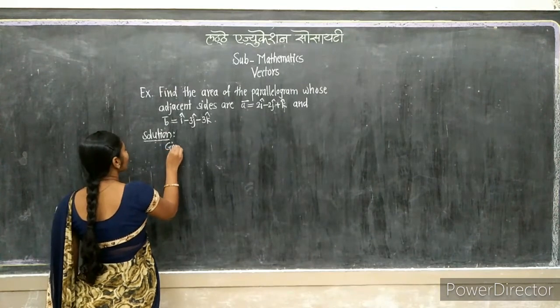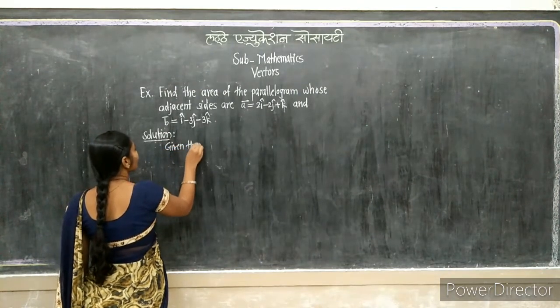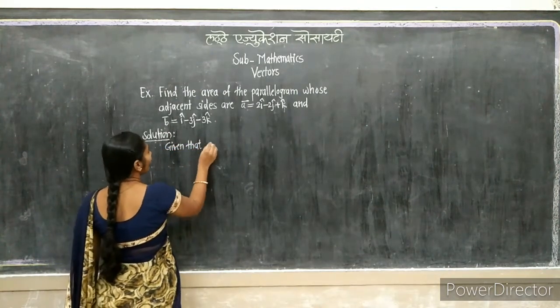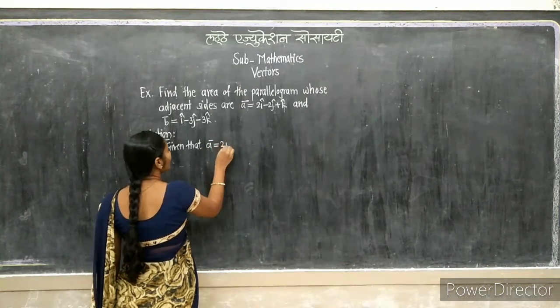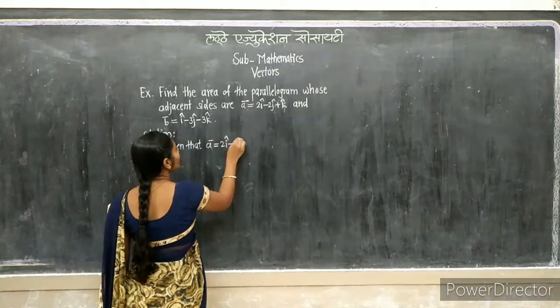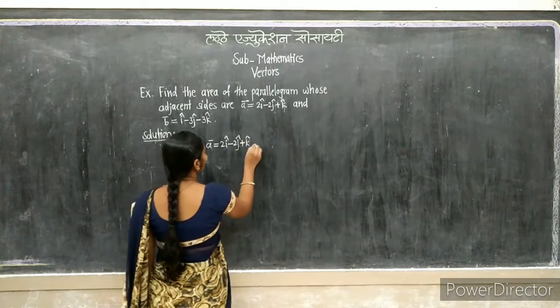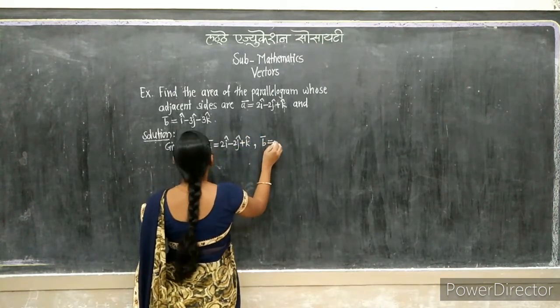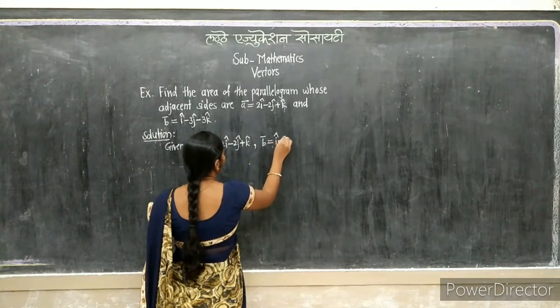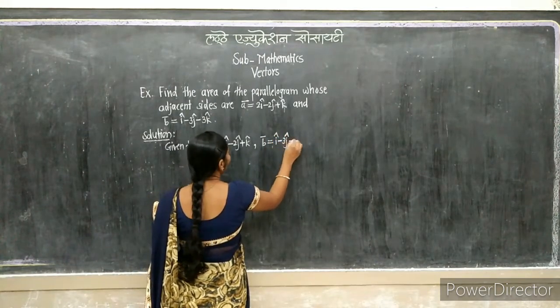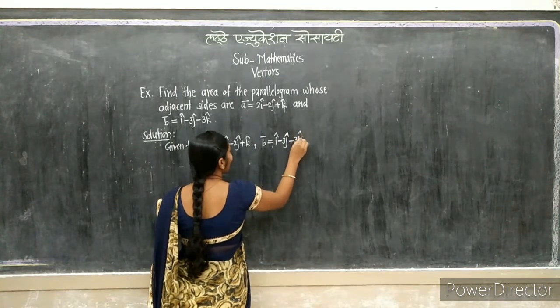Given that a bar is equal to 2i cap minus 2j cap plus k cap and b bar is equal to i cap minus 3j cap minus 3k cap.